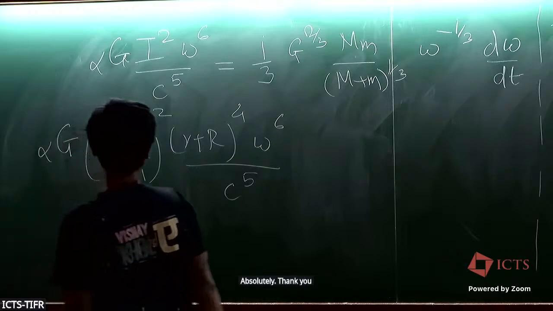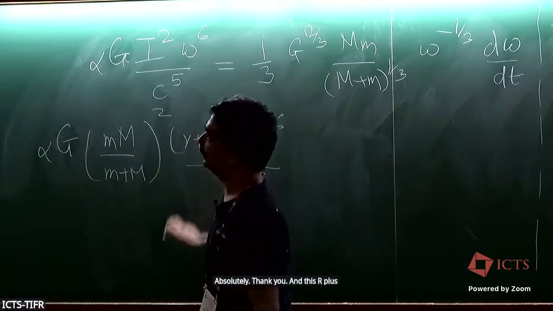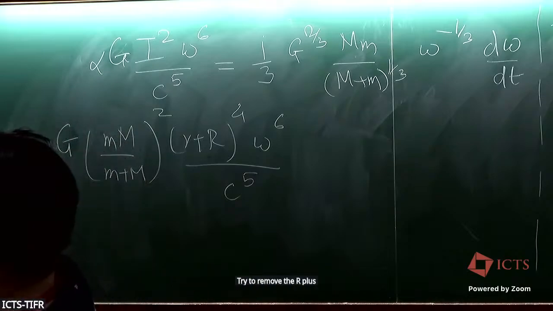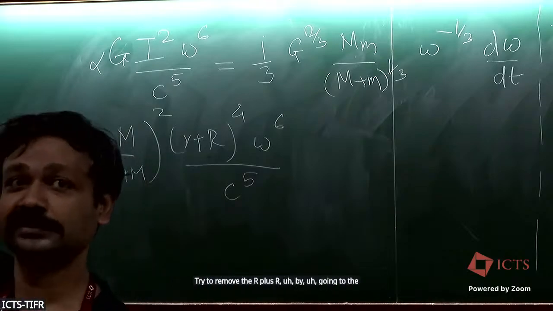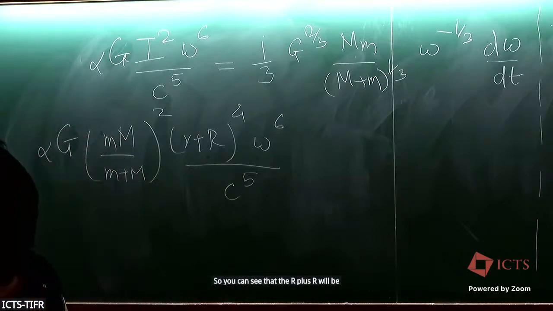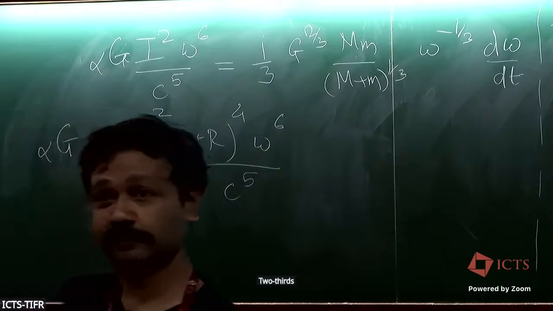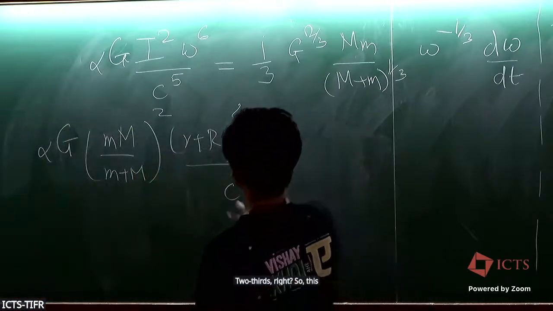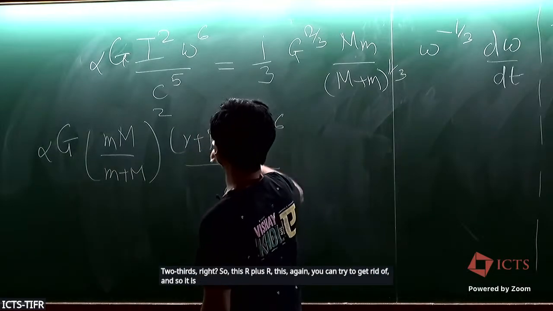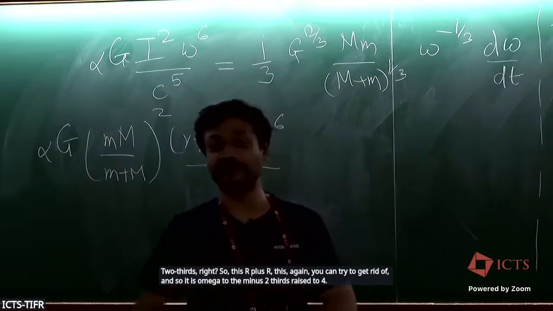Thank you. And this r plus R, you can again try to remove by going to the omega equation. Okay. So you can see that r plus R will be omega to the minus 2/3, right? So this r plus R, this again you can try to get rid of. And so it is omega to the minus 2/3 raised to 4. So omega to the minus 8/3.